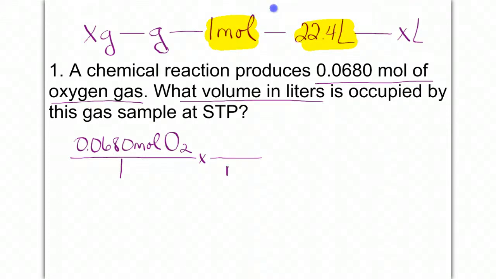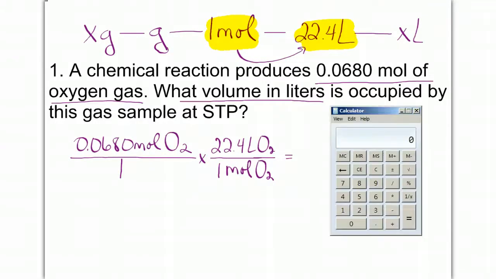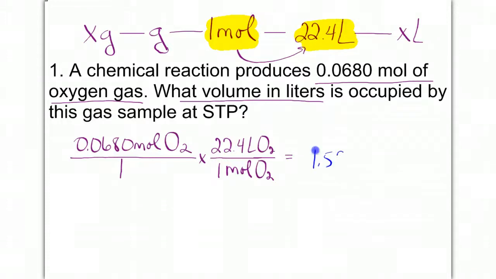I'm going to bring down moles of O2, and from moles we're going to go to liters because 1 mole equals 22.4 liters of oxygen. Now I'll get my answer, 0.0680 times 22.4 is going to equal 1.52 liters of oxygen.